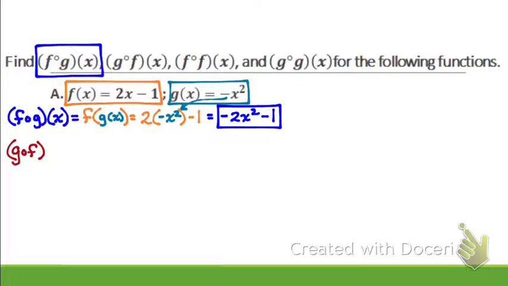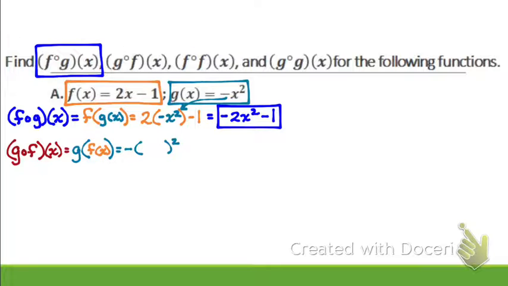Going the other direction with this, with g as my outside function. So it'd be g of f of x. My function g is negative x squared, so it's negative something squared. And that something is going to be my entire function f.